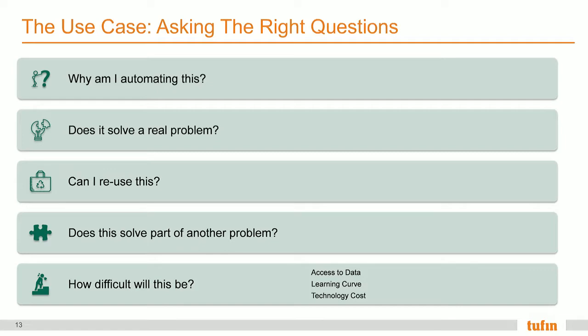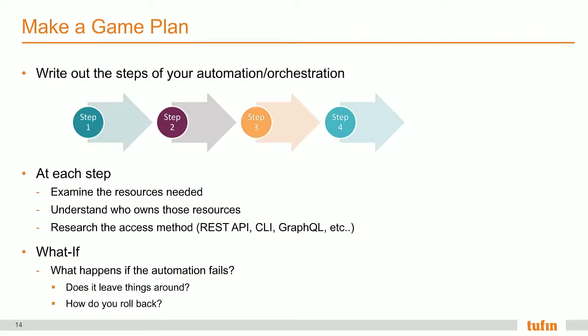So be very clear on what you're trying to automate and how you're automating it, and actually take the time to write these things down. You don't necessarily need a super detailed plan, but a basic flow diagram or series of steps can really help you understand what kind of resources you may need. What languages may I use?